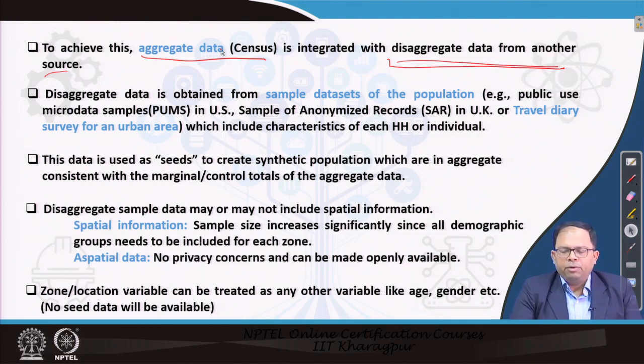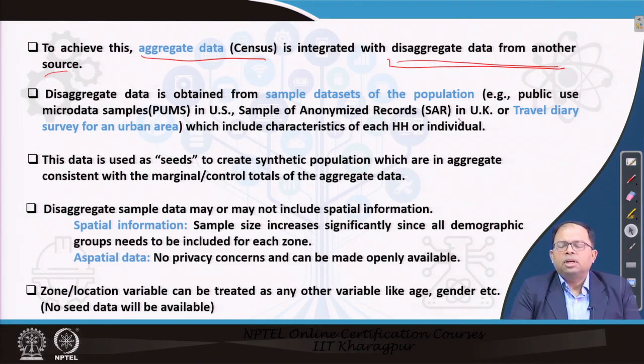For example, in the US, Public Use Microdata Samples, PUMS, is used, and in the UK, Sample of Anonymized Records, SAR, is used. These are basically surveys conducted by the government, where they collect data from around 1 to 2% of the population, detailed data on their age groups, gender, household, different properties, or whichever properties the government wants to collect from that particular household or individual.